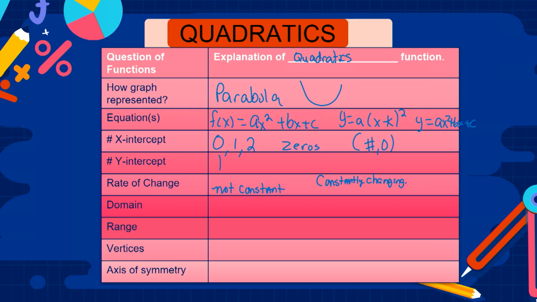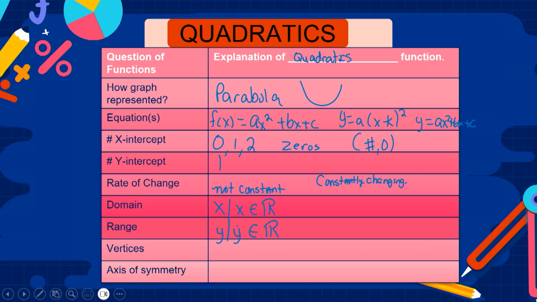All right. So our domain is same as the other. X is such that X is all elements of real numbers. So is our range. X such, not X, because our range deals with what? Yep, deals with Y. So Y such that Y is all elements of all real numbers.